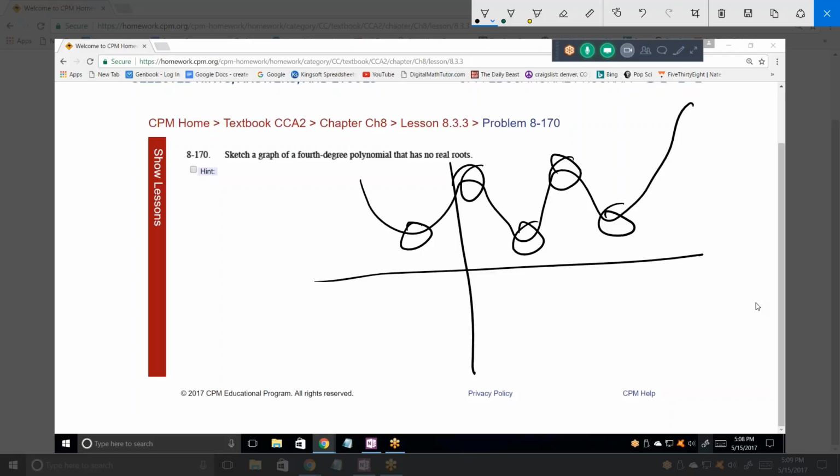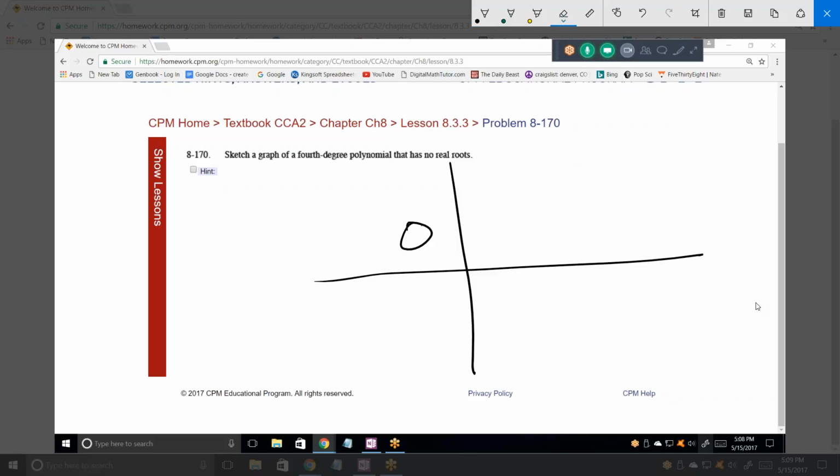Just like a 2nd degree polynomial, a quadratic, has 1 and 1 only, right? In other words, all quadratics are parabolas. They look like that. There's only 1 extrema. In other words, the most extrema you can have is 1 less than the degree of the polynomial.